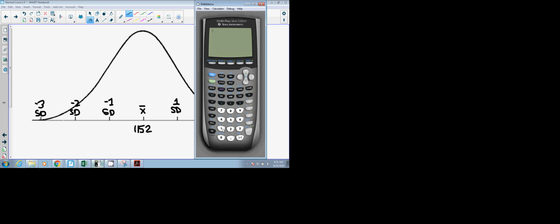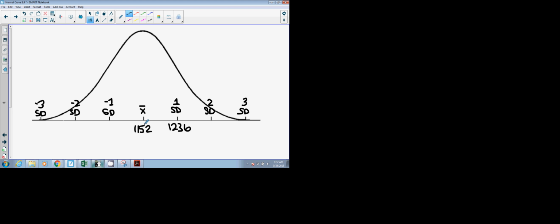So when we're filling in the 1 standard deviation, I want 1 standard deviation above the mean. So I'm going to add 84 to my mean, which gives me 1,236, which is the value that will fall 1 standard deviation above the mean. To find 2 standard deviations above the mean, we can do this in one of 2 ways.